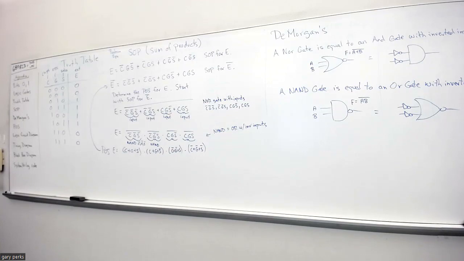Black box diagram. The black box diagram just shows you what your main inputs and your main outputs to your system or design are.